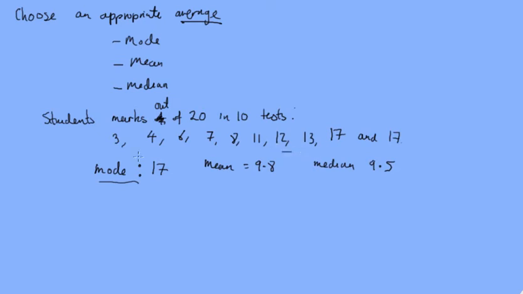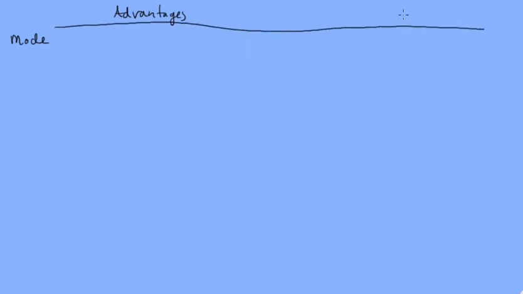So some features of measures of central tendency are given in this table. We're going to do a table just to show the advantages and disadvantages of different averages. So for the mode, to begin with, advantages, and we'll have disadvantages as well.